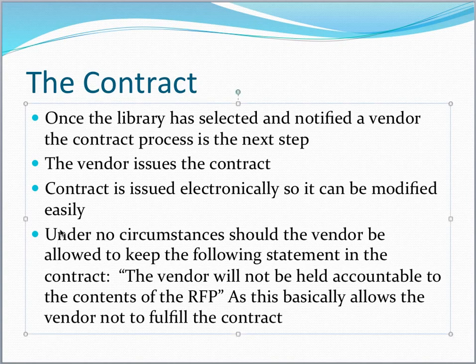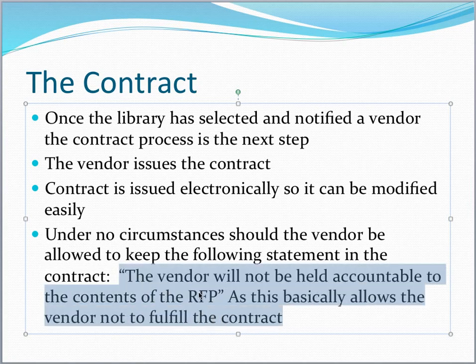Under no circumstances should the vendor be allowed to keep the following statement in the contract. This is very important. You don't want this statement to be in the contract: the vendor will not be held accountable to the contents of the RFP. If that is added to the contract and you sign it, you are in very bad shape, because you want to be able to hold the vendor accountable for the contents of the RFP.